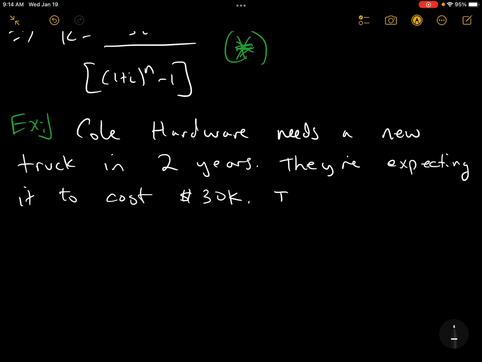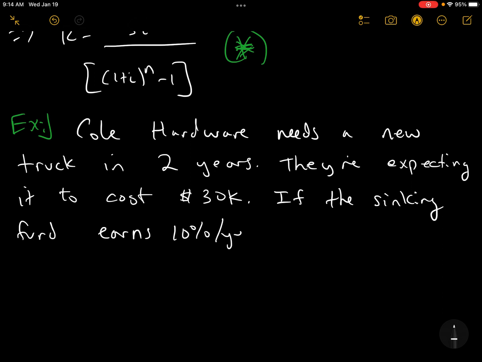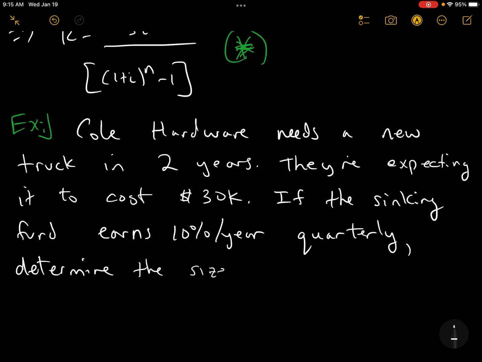And while they're saving, they're making money. So if the fund, the sinking fund, earns 10% per year, quarterly, determine the size of the installments.